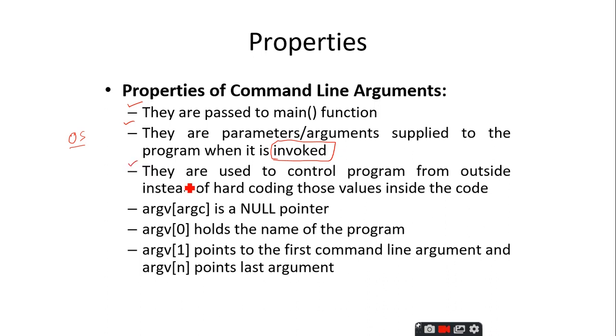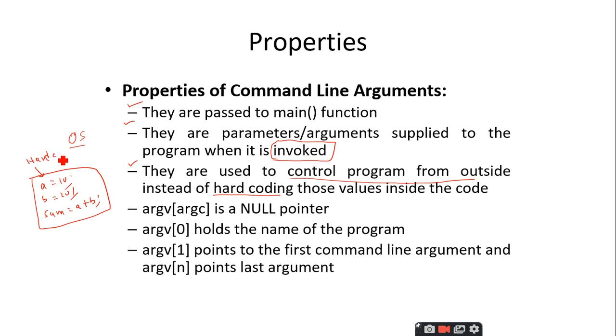These command line arguments are used to control the program from outside instead of hard coding, right. Hard coding in the sense, we are not going to take two variables with 10 and 20 and we are not going to make use of this particular formula a plus b. So, this type of programming is called a hard coded program.